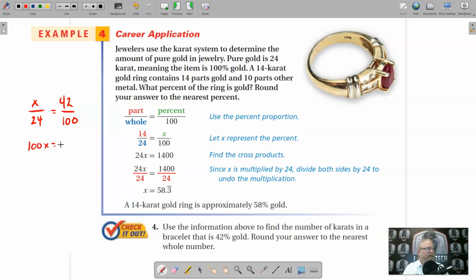And 42 times 24, do I want to try that? No, I don't want to do that. 42 by 24 equals 1008. Let me look at my calculator, make sure I got that right. And then I'm going to go ahead and divide both sides by 100.